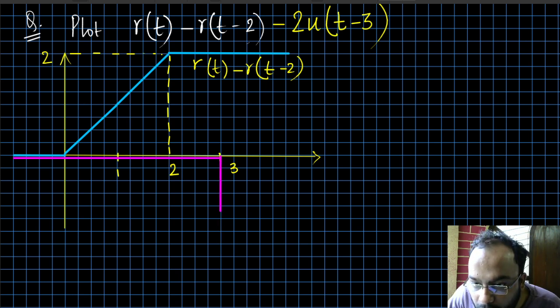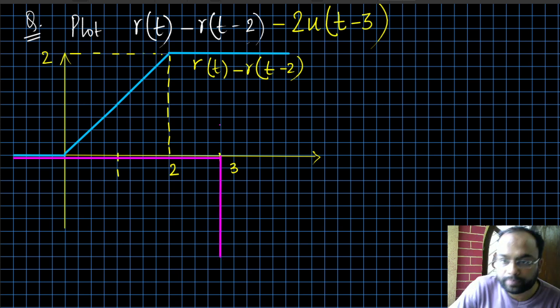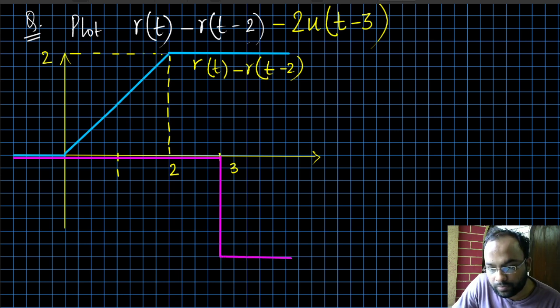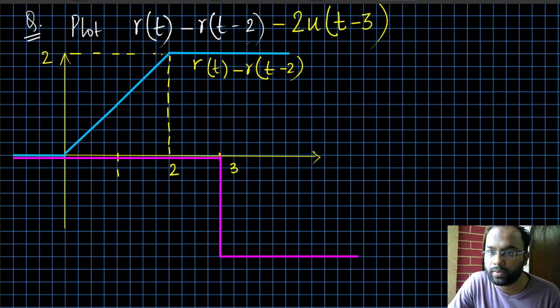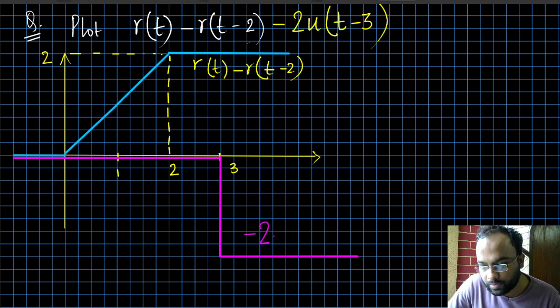This is 1, this is 2. So this is minus 2 u(t minus 3).